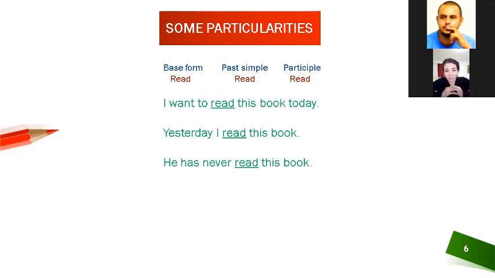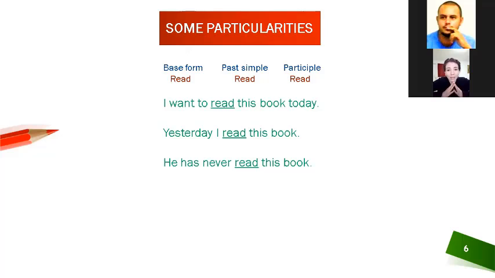Now I have three sentences here. The first one, using the base form of the verb, says, I want to read this book today. Okay, I'm using the base form of the verb here, or the present simple.